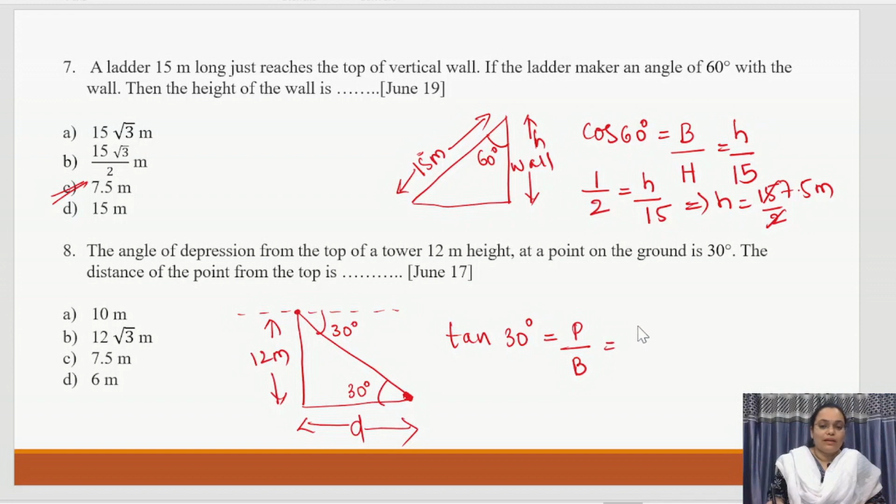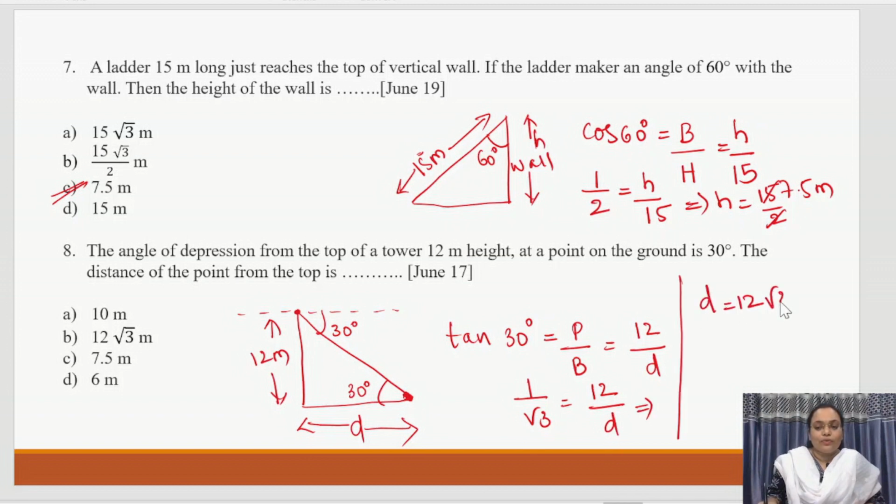The perpendicular is 12 and the base is d. Tan 30 is 1 by root 3. So 1 by root 3 is equal to 12 by d. If I want the d value, it will be 12 root 3 meters. The answer is B.